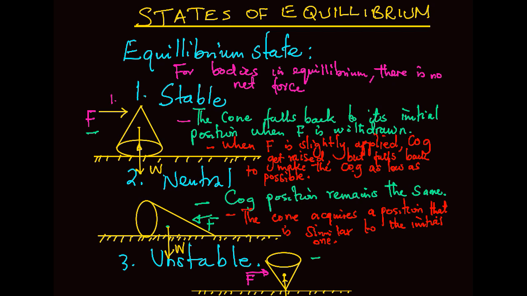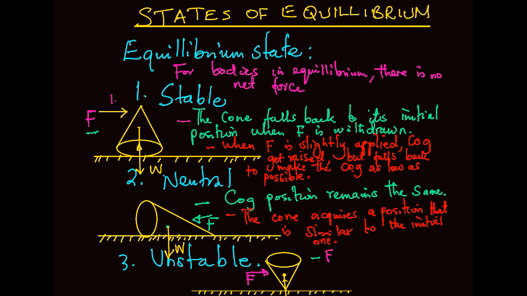So we allow the cone to balance on its tip. Then we apply a small sideway force. So the small sideway force pushes the vertical line through the center of gravity to fall outside the base.